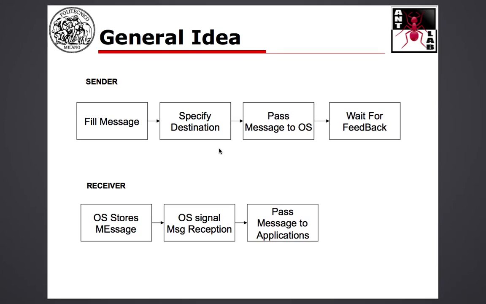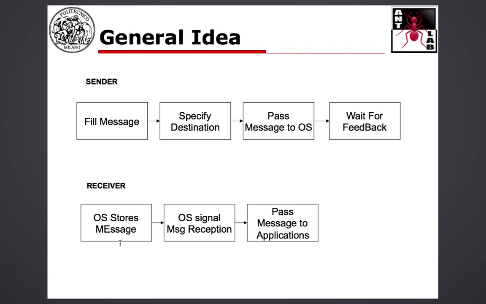And then you will wait for feedback from the operating system, and this feedback will basically be: good, we have sent your message, or there was an error. So 1 or 0 basically. The receiver works like this. The radio stack intercepts a message. It will decode it and perform all the operations up to the application layer.